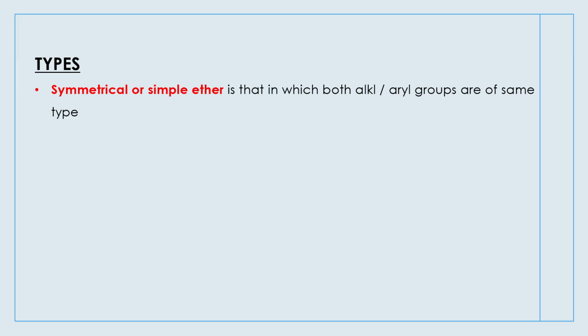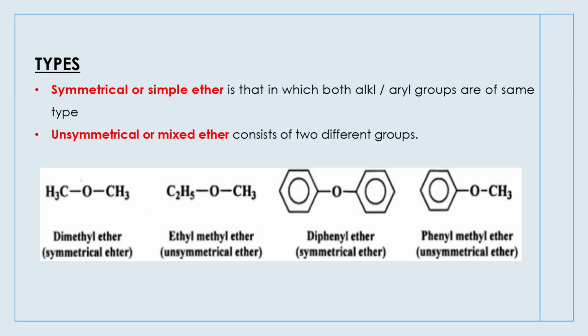Talking about the types of ethers, we have two types of ethers depending on the alkyl group type that is attached to the oxygen. If the alkyl groups are of the same type, they are called symmetrical or simple ether. And if they are different, then it is called the unsymmetrical or mixed ether. Here are the examples.